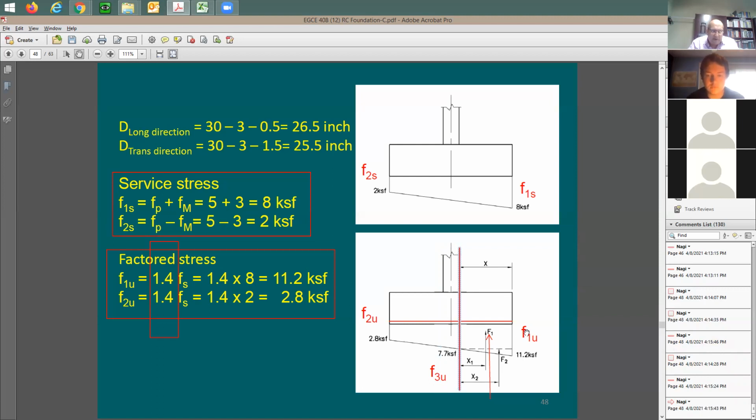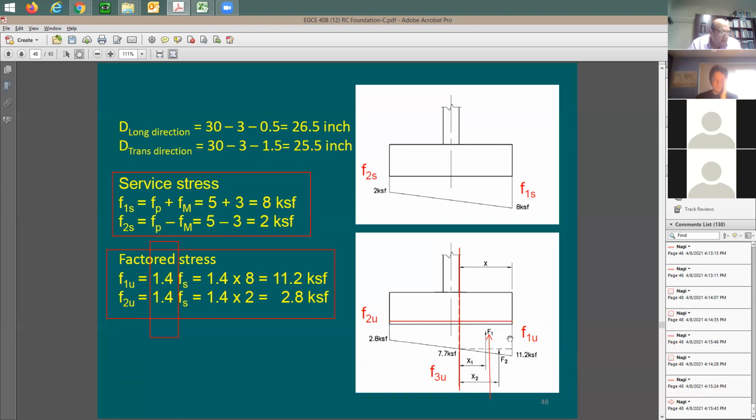Because the force here is going to be larger. You have more pressure on this side than the pressure on that side. Does it mean that I need to do two sections and figure out the reinforcing on two sides? I'm going to say no. Whatever you find out here, just keep it straight. If this section and this reinforcing is able to cover the moment in this case, then definitely it is going to be able to resist the moment on the other side.